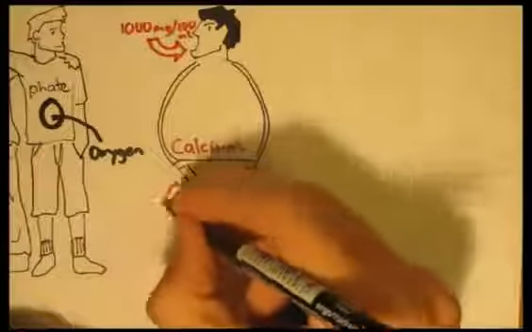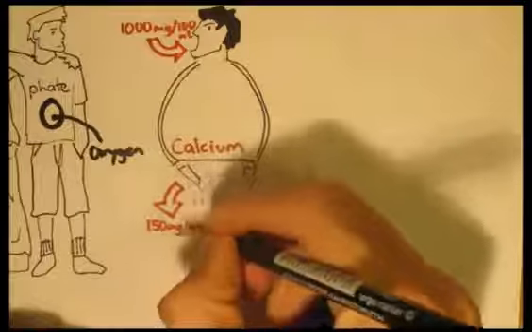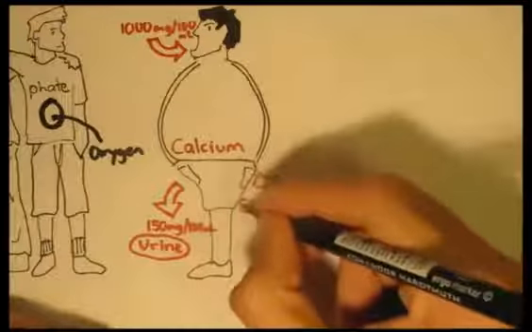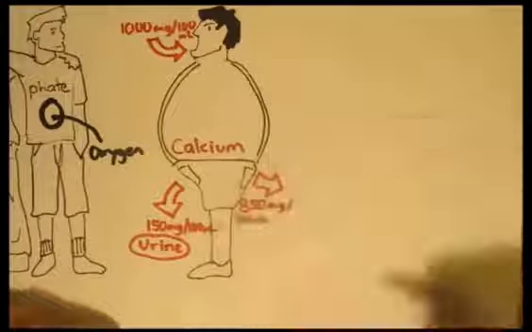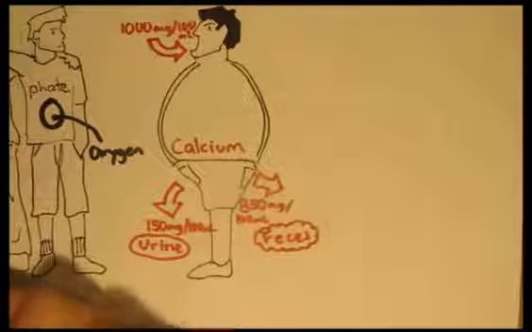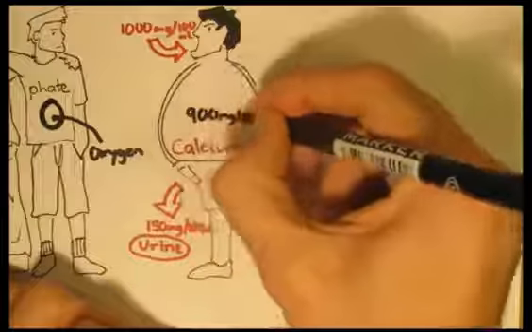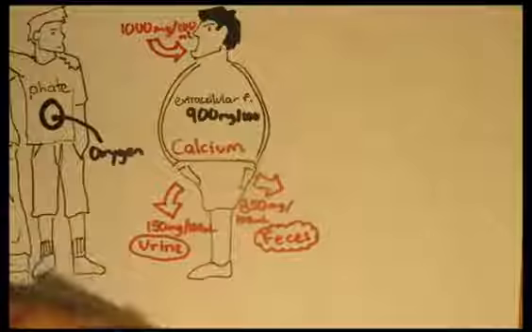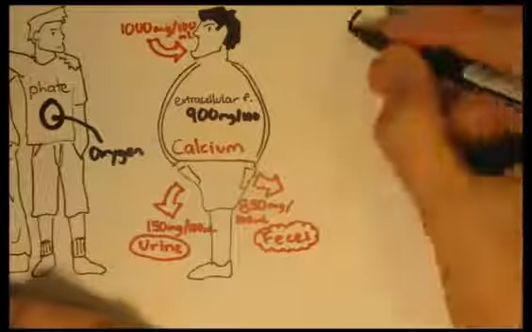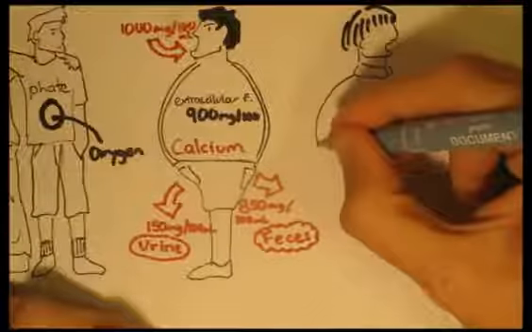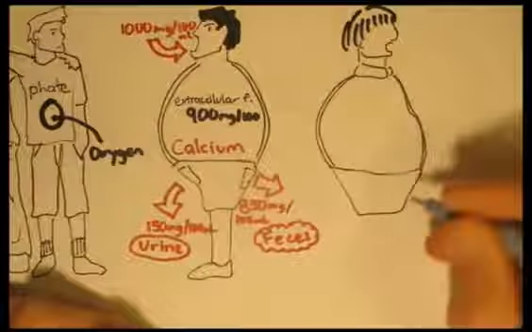Now, about 150 milligrams of this is secreted as urine, and 850 milligrams as feces. Now, inside the body, the extracellular fluid contains 900 milligrams, which exchanges continuously with the bones and cells in the body. The bone and cells have their own amounts of calcium stored.